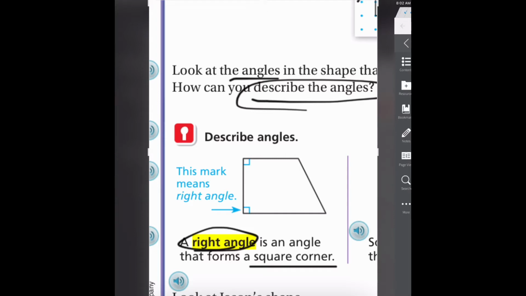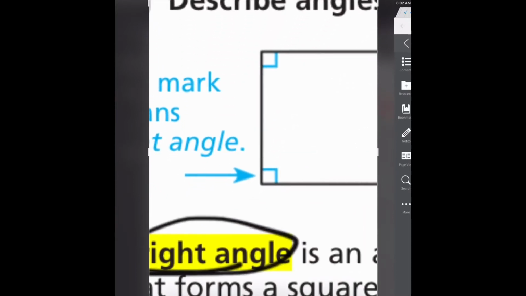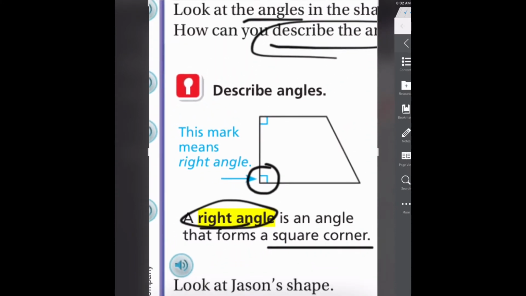Those are right angles. And we get this little symbol right here. Whenever we see that in a shape, we know it's a right angle. So whenever they provide that for us, we know that is a right angle. Sometimes you'll hear it called a 90-degree angle. But that's one way we absolutely know that that's a right angle.